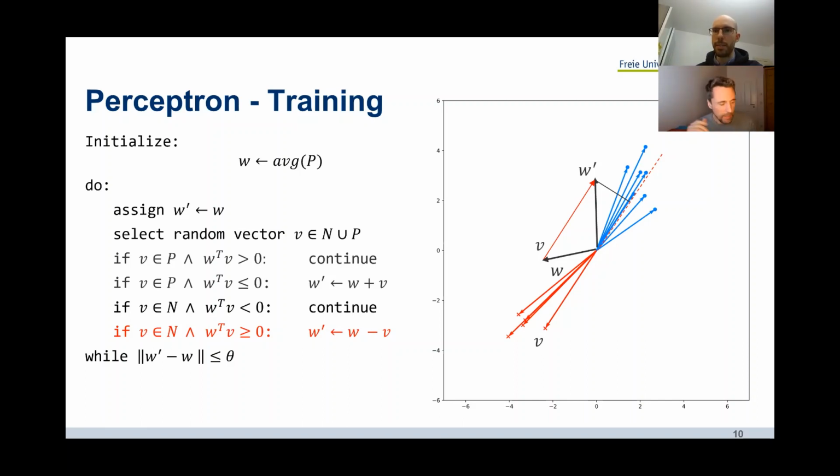And what about separability? This algorithm seems to converge in the case of linear separability, but what if it is not? One data point is sufficient. If we put, for example, one red data point into this blue point cloud, then it's not separable. So what do we do?